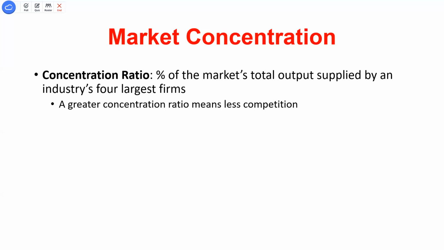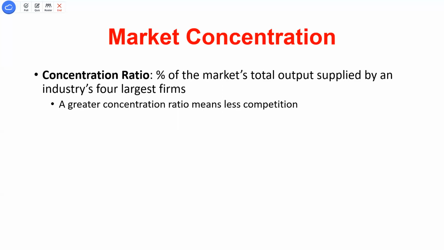So maybe you've got one industry where the top four firms each have 10% of the overall output. There we would have a four firm market concentration ratio of 40%. What if I had a duopoly where both firms split output evenly, so each one has 50%?